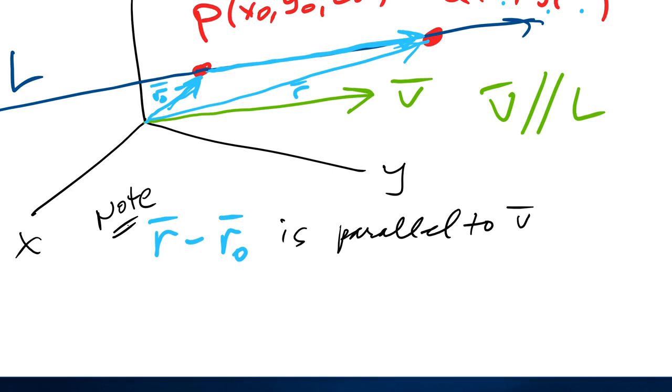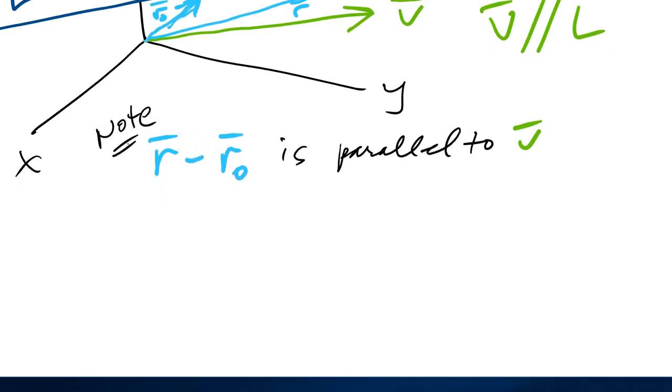Depending on how long it is, it's either longer or shorter than V. Since it's longer or shorter than V, they're off by a constant.